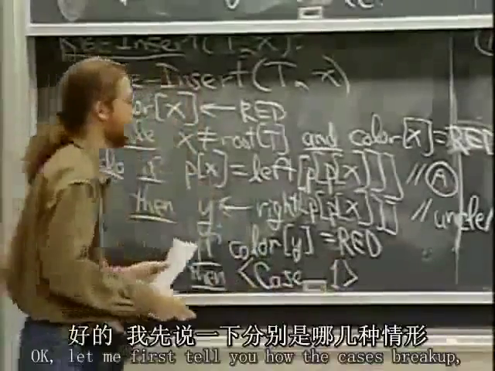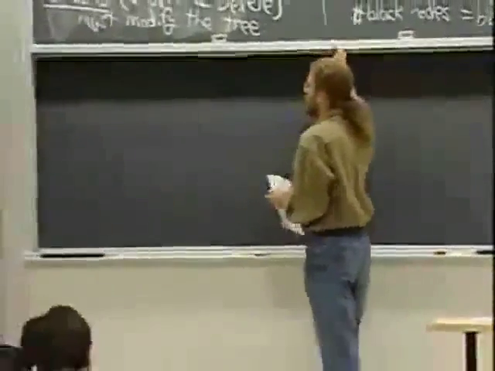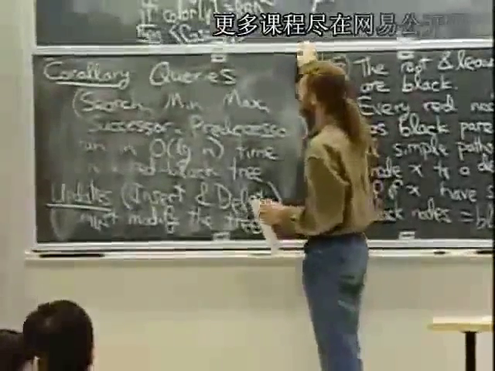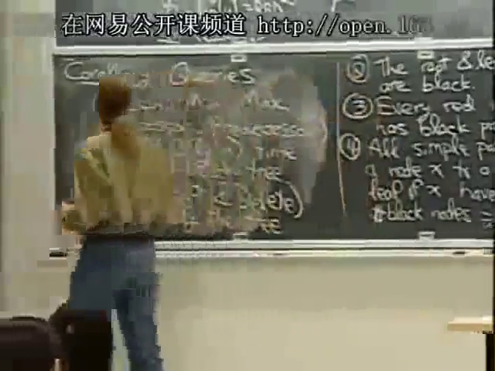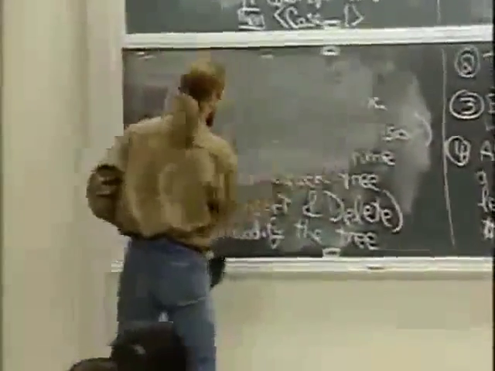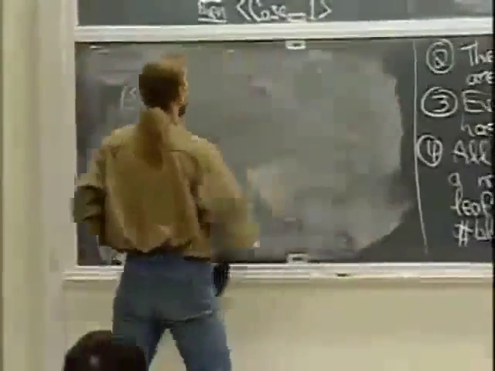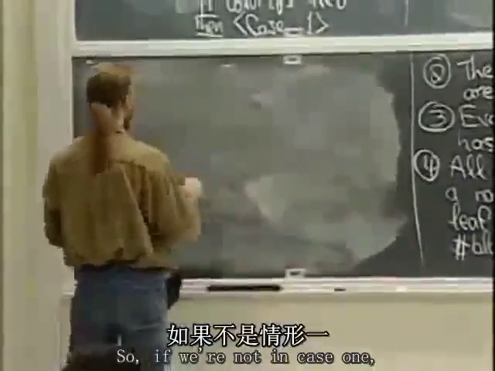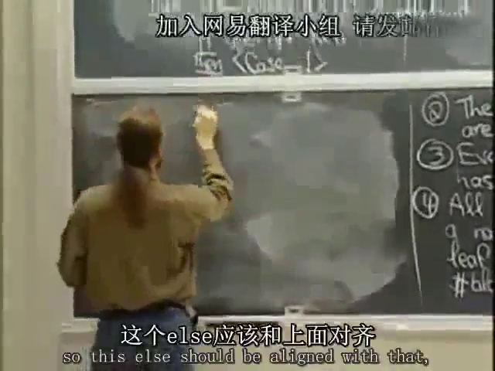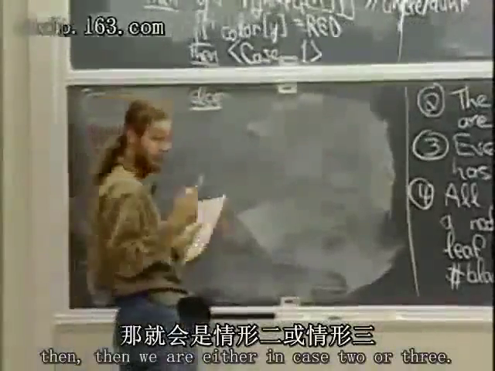Okay, let me first tell you how the cases break up, and then we'll see how they work. So, if we're not in case 1, so this else should be aligned with that, then we're either in case 2 or 3.